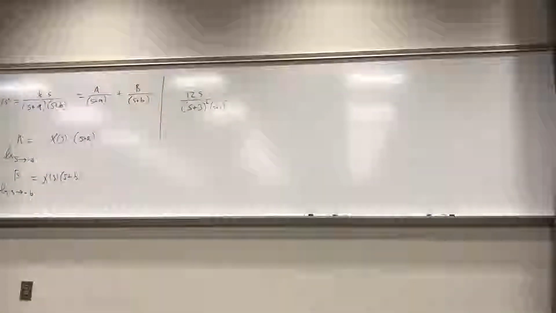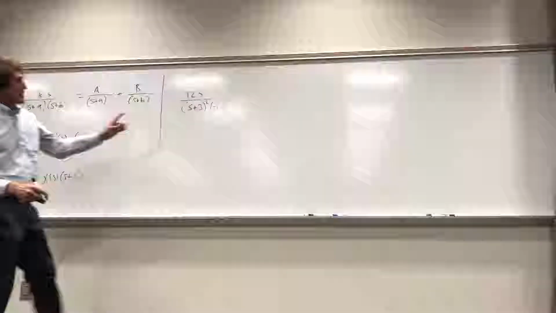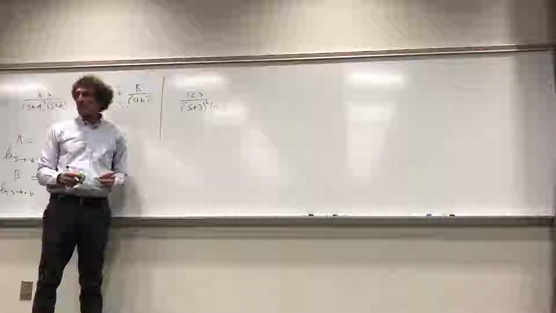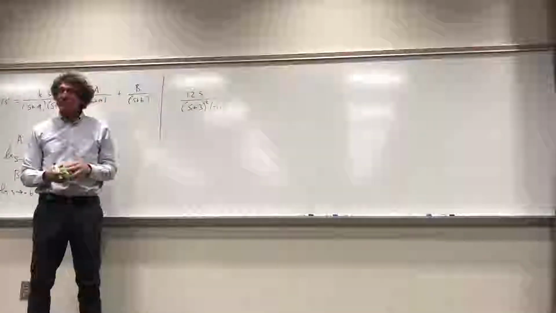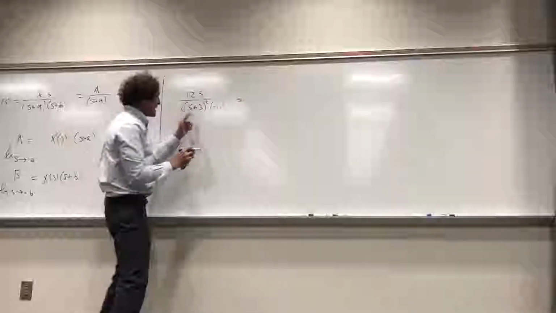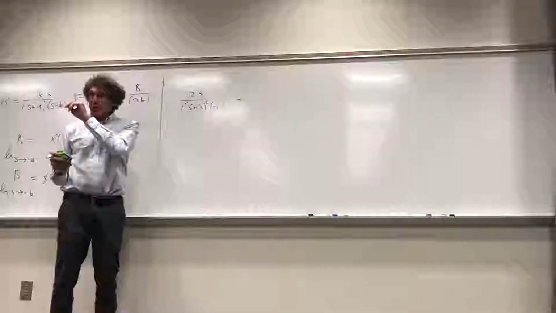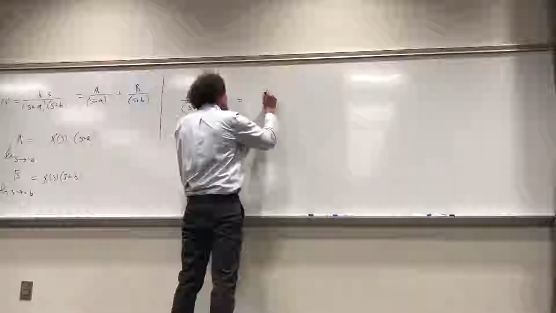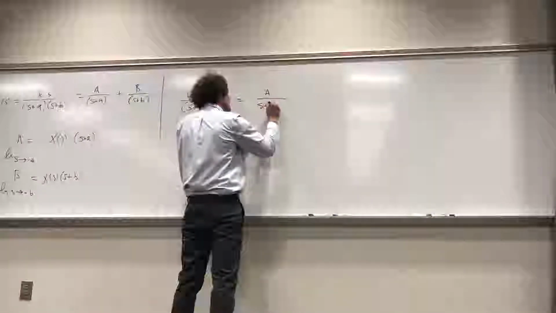Now, you look at that, and you see I have (s plus 3) squared. That's a higher order pole. Follow me? It's squared. So the way we have to do this is we have to take s plus 3, the higher order pole, but only take the first to the power 1. So it's some unknown, call it a over (s plus 3).